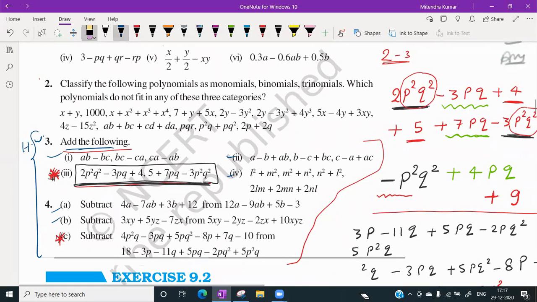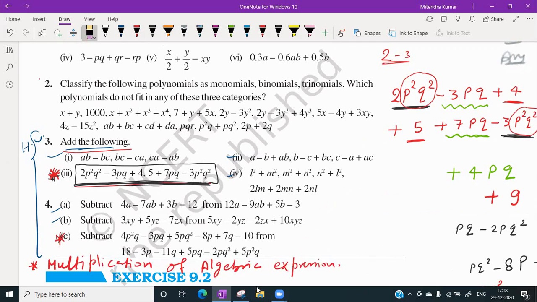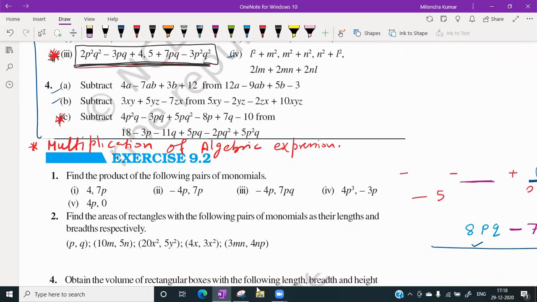Give heading multiplication of algebraic expression. Yes, sir. Done, students? Okay.